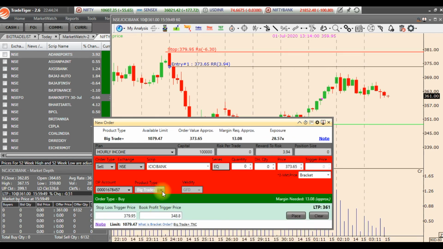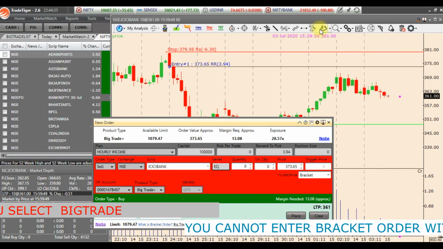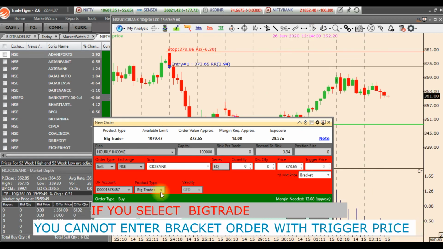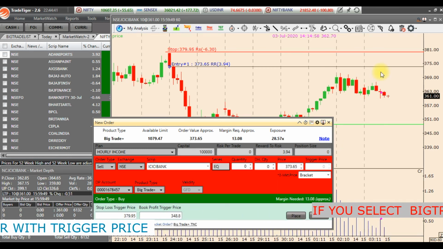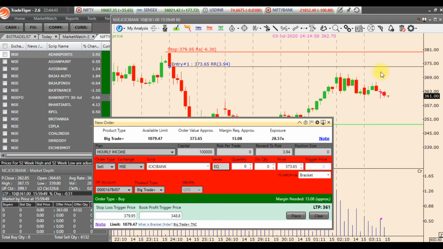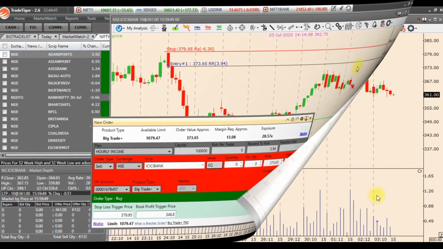In Big Trade Plus you will get a higher margin, up to 50 times. Then you just place it. If you select Big Trade Plus, you cannot place a bracket order with a trigger price, but you can place it in investment and also Big Trade. In Big Trade Plus you cannot.